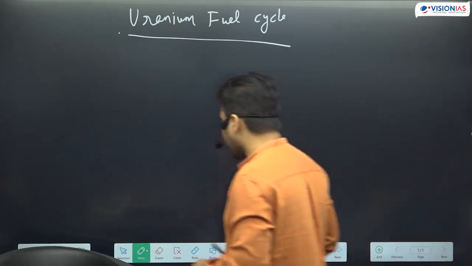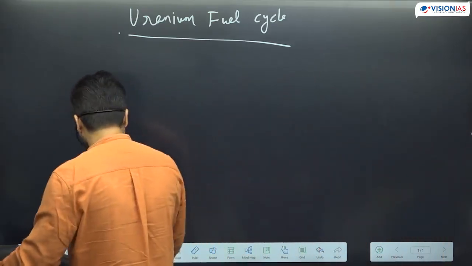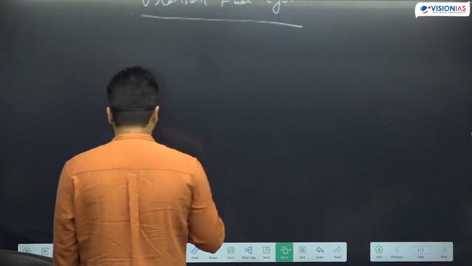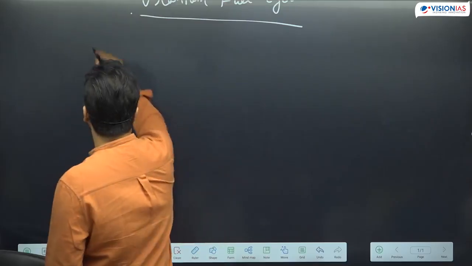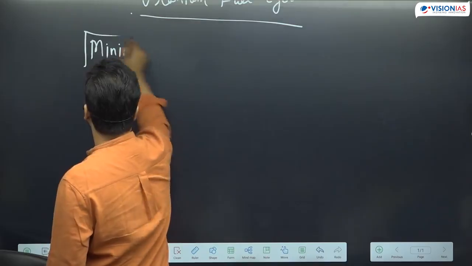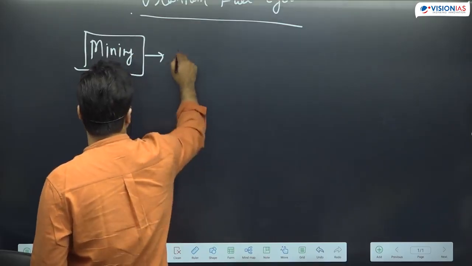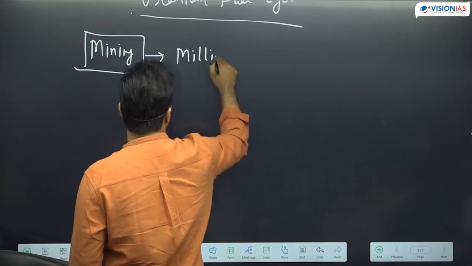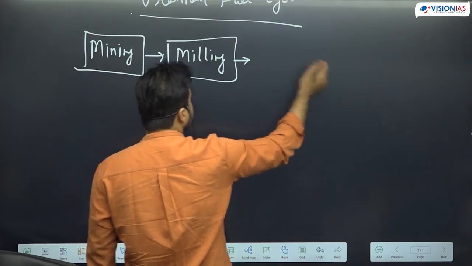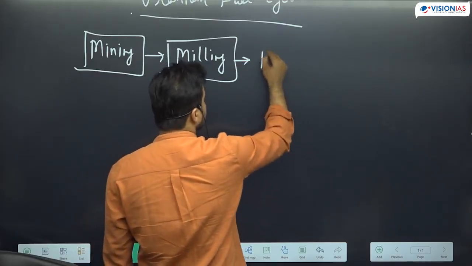So I'm going to make a diagram here and I will be explaining all of that step by step, but you make this diagram with me. The uranium fuel cycle starts with mining. Milling. There is a process, conversion, also. I'm going to skip it.